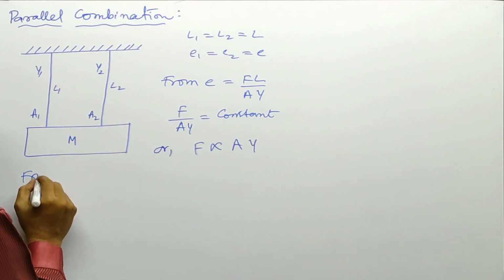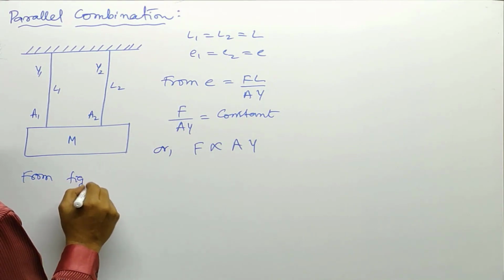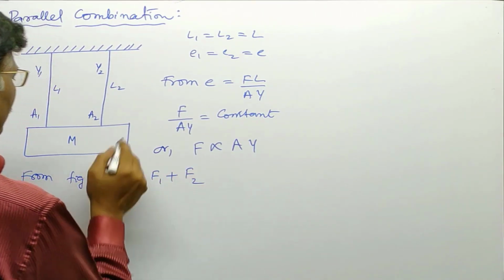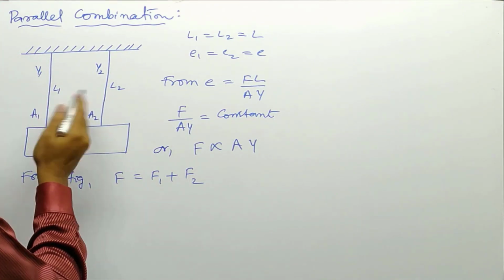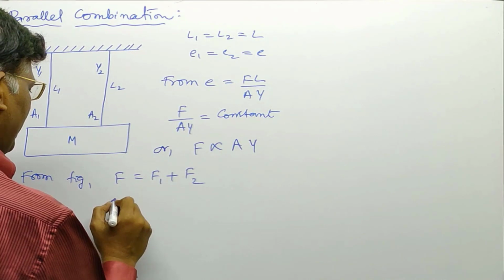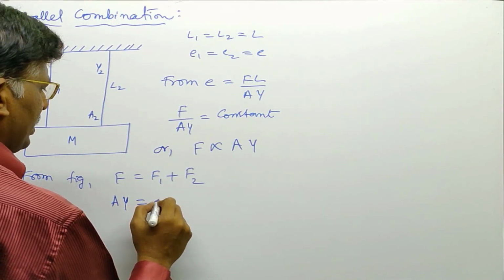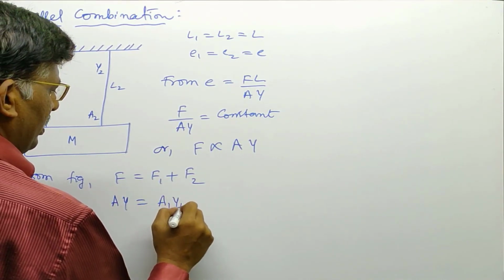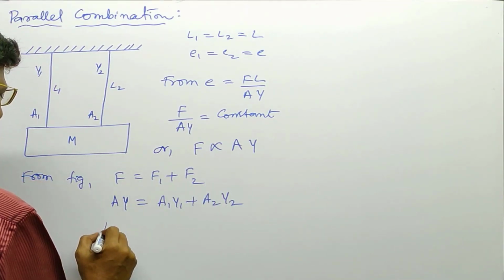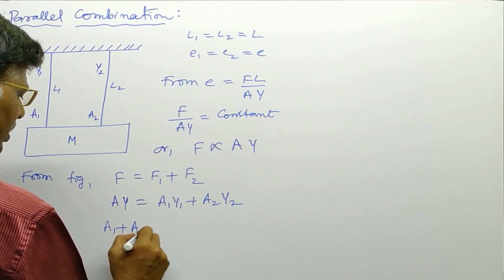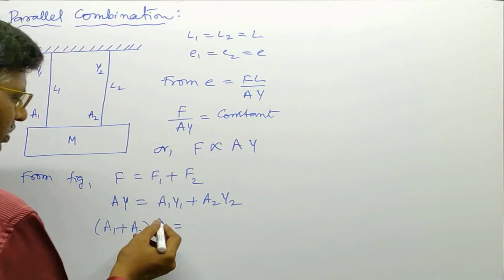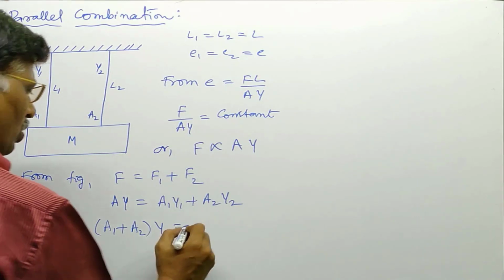From the figure, F is equal to F1 plus F2. The load is shared between the two different Young's moduli, F1 plus F2. Or this can be written as AY is equal to A1 Y1 plus A2 Y2. Or A can be written as A1 plus A2, into Y, or in parallel combination we can take it as YP also.